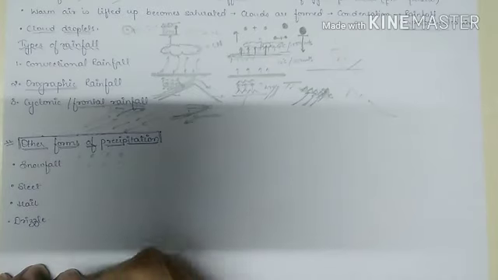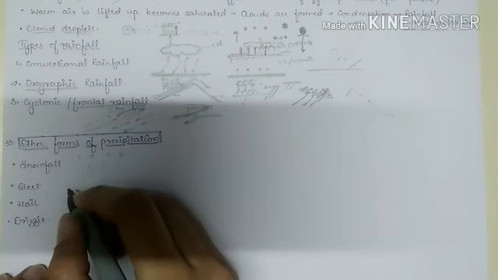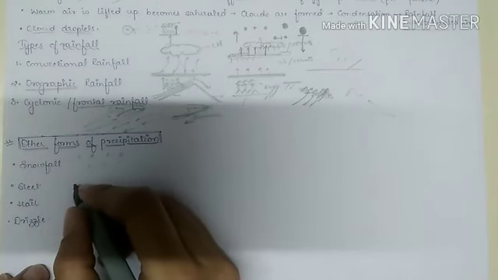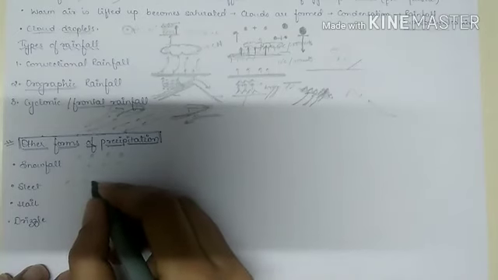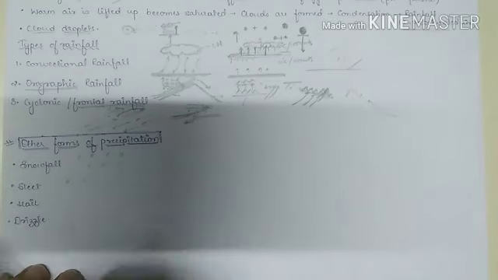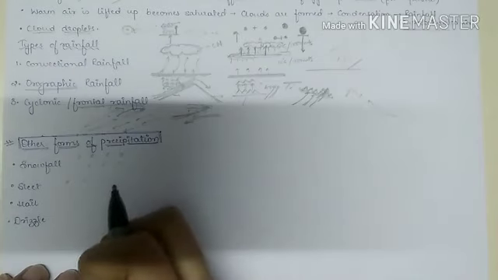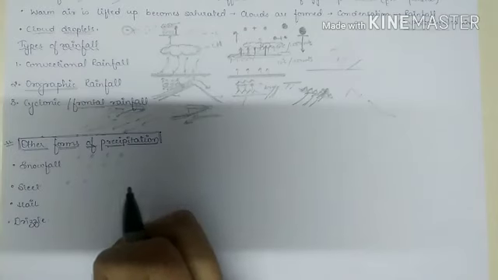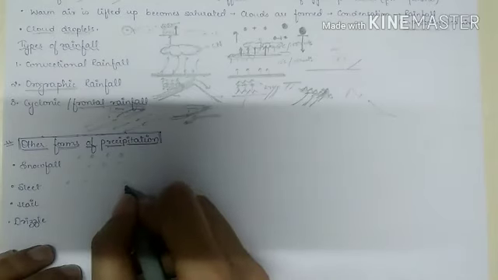Sleet is actually a mixture of snow and rainfall. So rainfall also occurs along with snow. Here we have transparent or translucent ice that falls down, having a diameter of less than or equal to 5 millimeter.